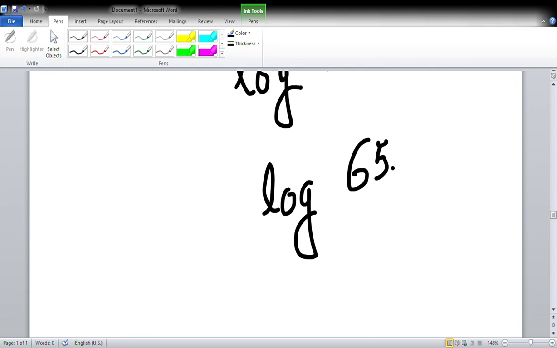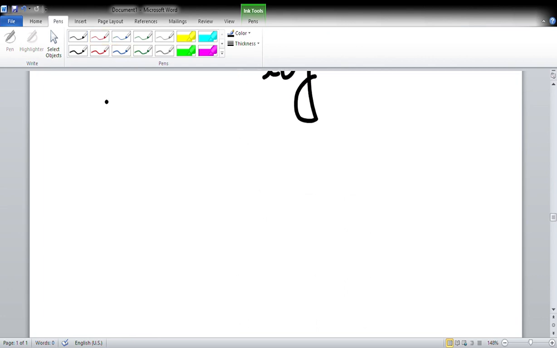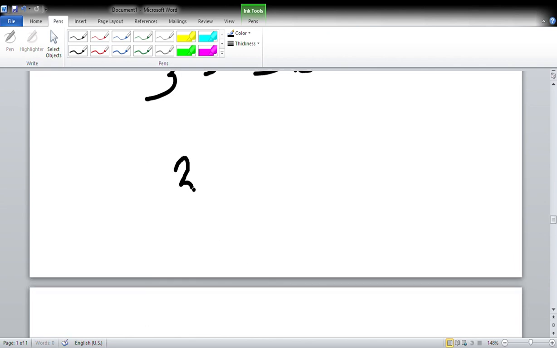Now the last part of this video. If it is written 3 to the power minus 5 is equal to x, and you want to convert it to logarithmic form, what will that be?